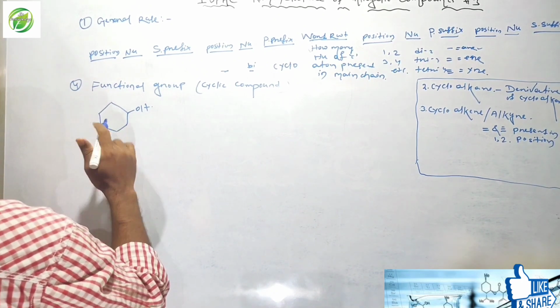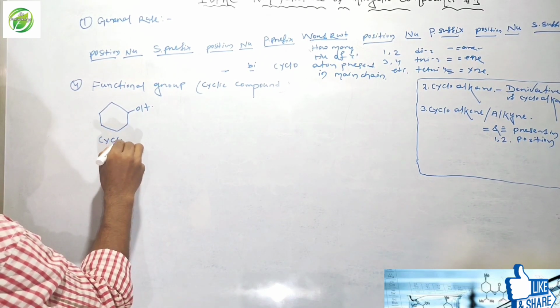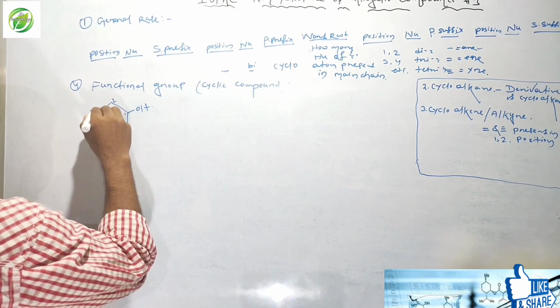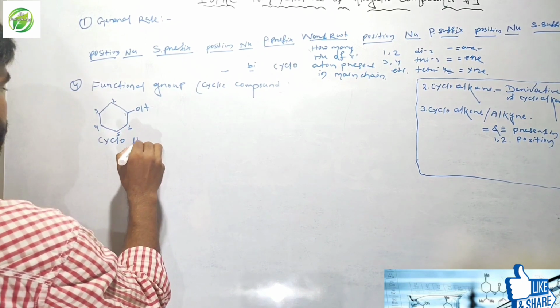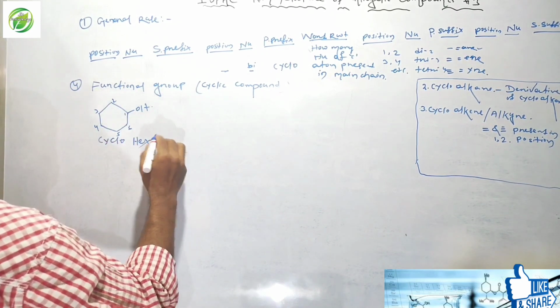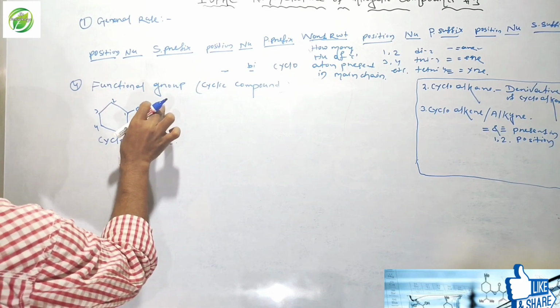So the compound name is, for a cyclic compound, with cyclo. This is 1, 2, 3, 4, 5, 6. For 6 it is hex. All bonds are single bonds, so it is ane. And at one position an OH group is present.